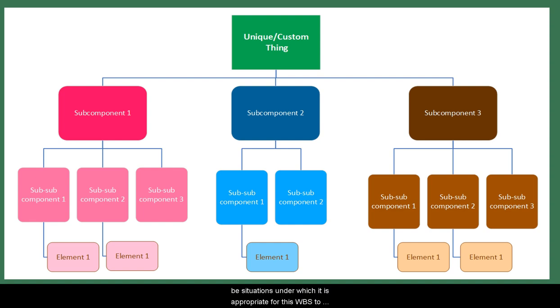There might be situations in which it is appropriate for a WBS to have lowest level elements where there's only one element. But following logical, hierarchical breakdown logic would suggest that some sort of analysis has been done here that might reveal a lack of balance for this WBS, and it requires the project manager's attention.